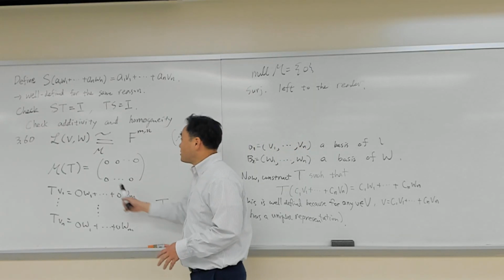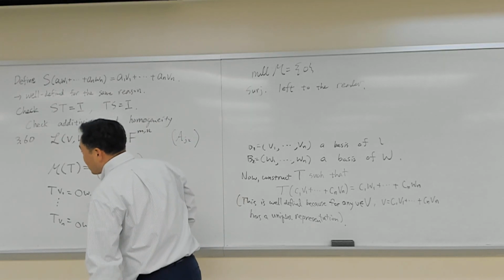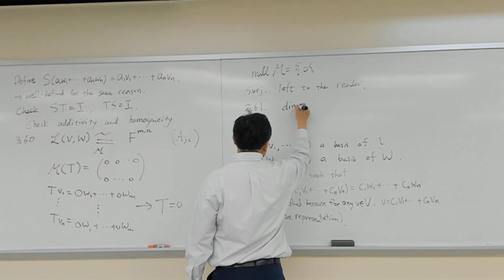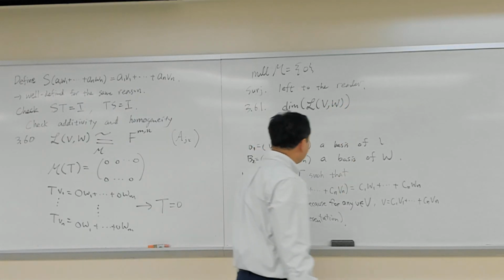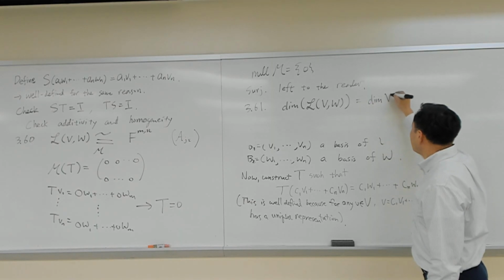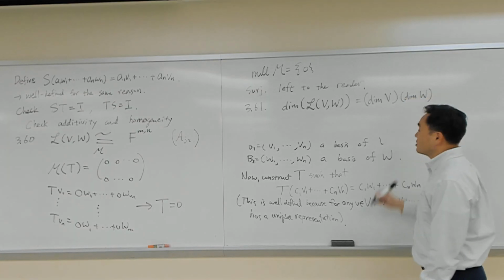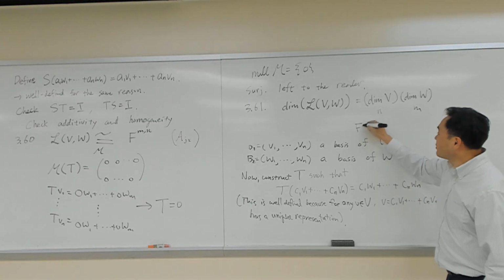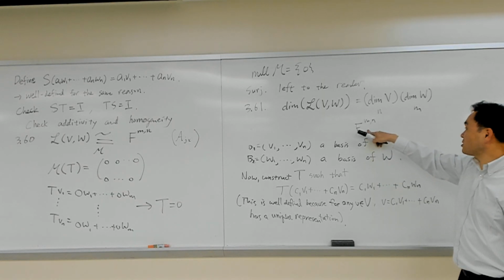Okay, so that shows that there's an isomorphism between the two, and the direct outcome is 3.61, that the dimension of this space is equal to the dimension of V times the dimension of W. Because we assume that the dimension of V is n and the dimension of W is m, and if you have F m n, what's the dimension of F m n?